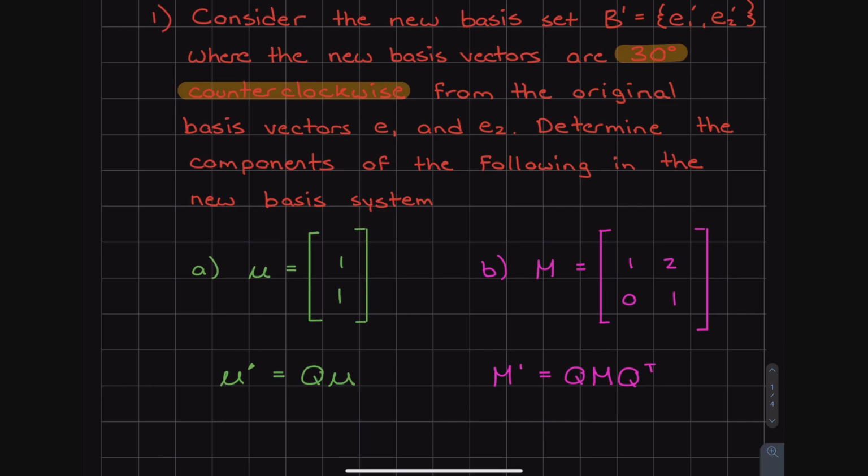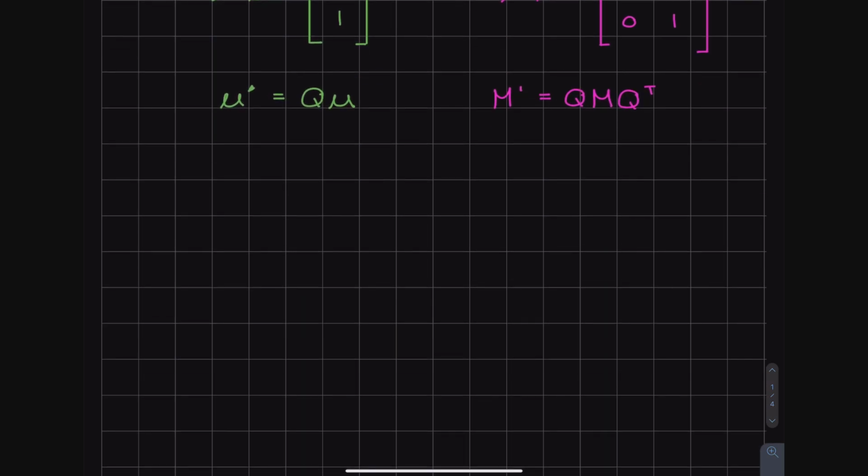In the midterm, you can actually derive the Q matrix quite simply. But what I recommend doing is saying, okay, if we're in two-dimensional space and we have a counterclockwise rotation, so that's the key, Q is always going to be the same. The first row is cosine theta and sine theta.